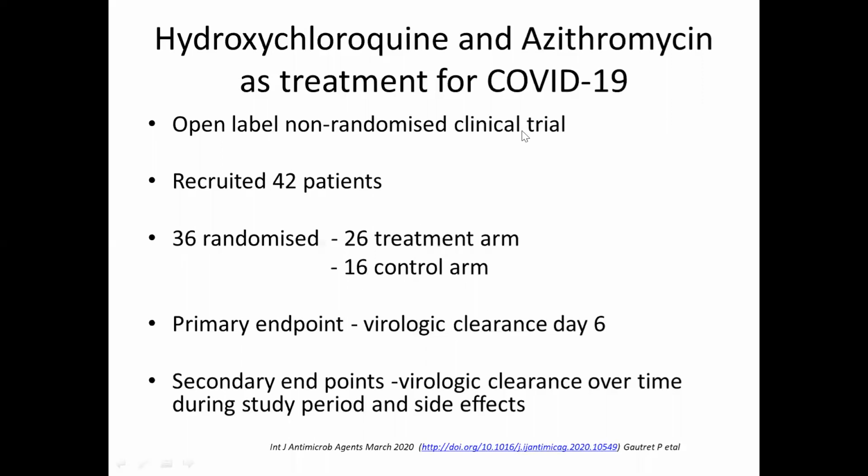This was an open, non-randomized clinical trial of 42 patients, and it looked at 26 patients who were given chloroquine versus a control of 16 patients. The control was picked from patients who did not qualify for the studies or who did not want to enter the study. And the primary endpoint in this study was to look at virologic clearance in 6 days. And then secondary endpoint, virologic clearance over time during the study period, of course, then look at side effects.